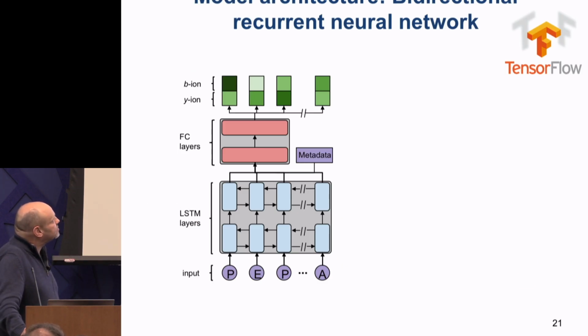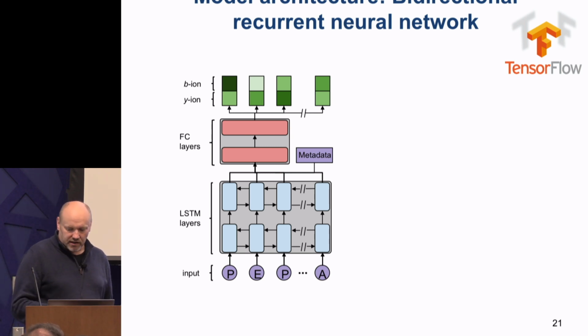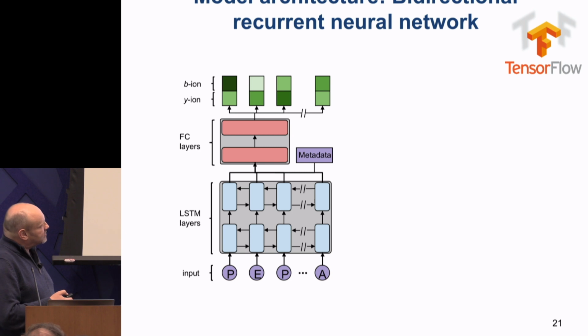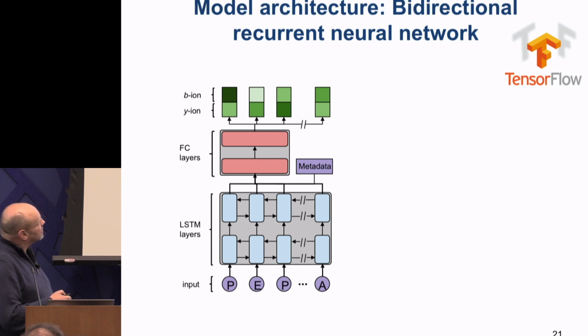The model architecture we use is a bidirectional recurrent neural network, which is probably most known for natural language processing. The nice feature of this kind of network is that it takes a variable length input.